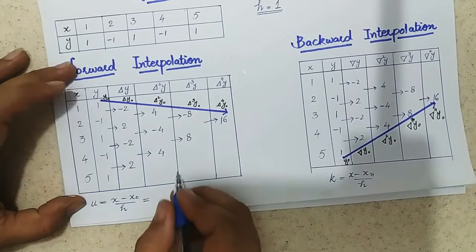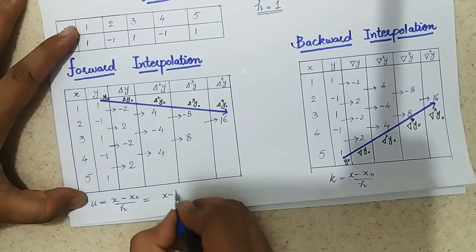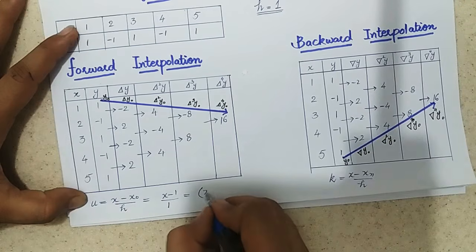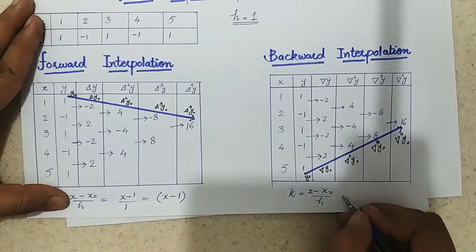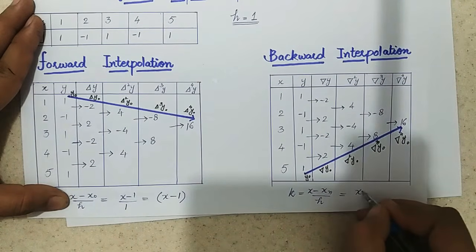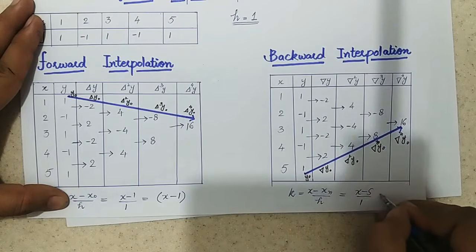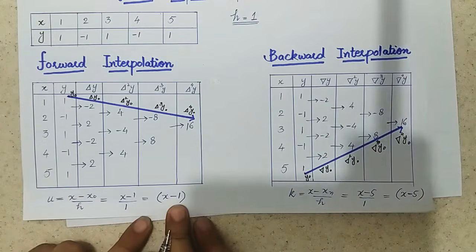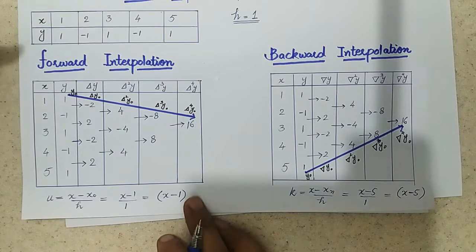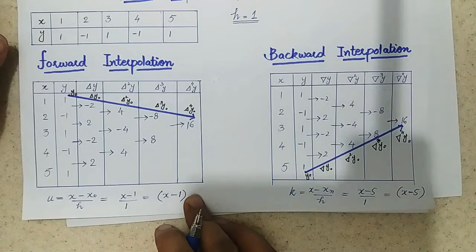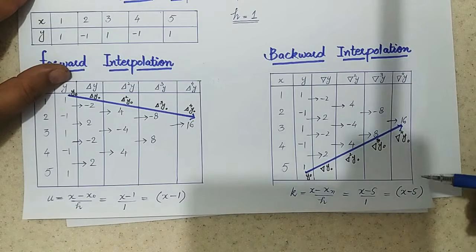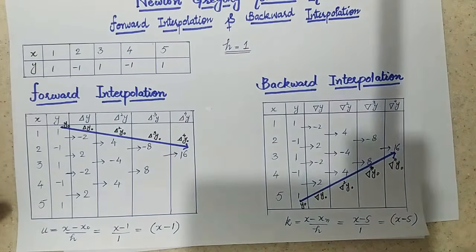Now x naught is the initial value, which is 1, so x minus 1 over 1 is x minus 1. Here xn is equal to 5, so x minus 5 over 1 gives us x minus 5. This is the value of k, and this is the value of u. Now we will use the forward interpolation formula to find the required polynomial, and we will use the backward formula to find the required polynomial. So let's start.